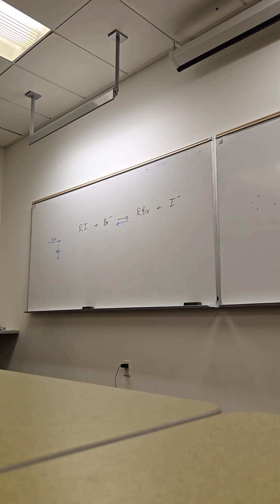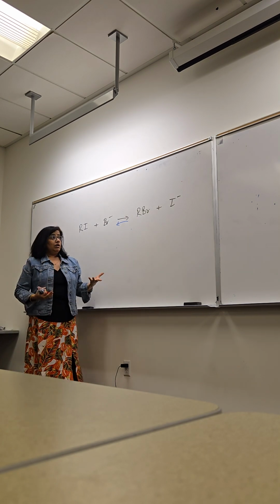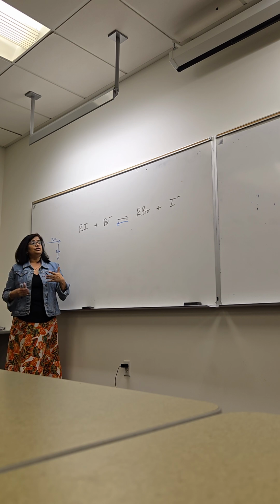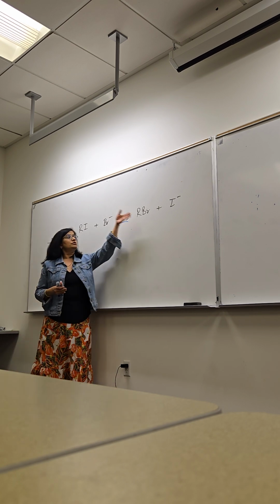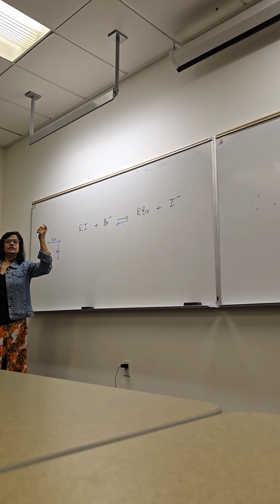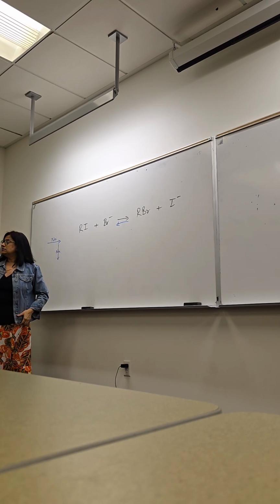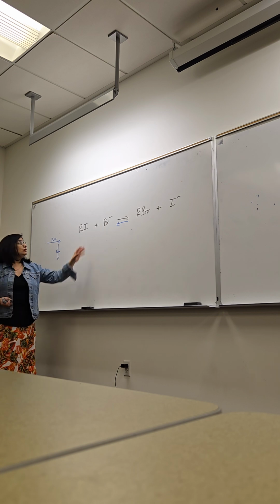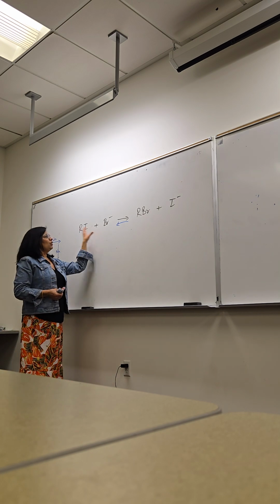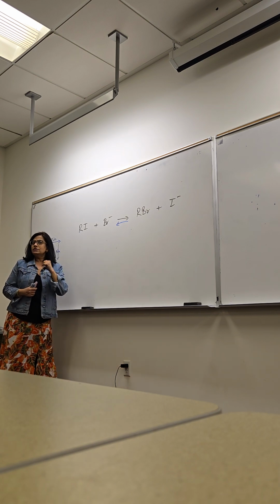Depending on what I need in the lab, let's say I'm doing this reaction and I need this more, then I can run a reaction in such a way that Le Chatelier's principle supports that side. What are some things I could do that would support the product side relative to the reactant side? Add more reactants. Okay, you can, or maybe take one of them in excess and push it in that direction.